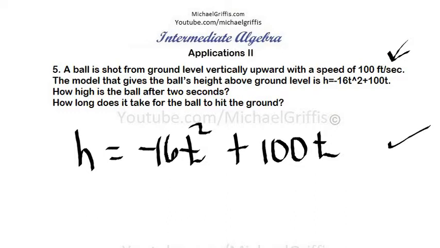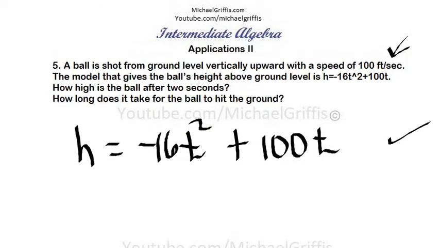Now, let's answer the first question. How high is the ball after 2 seconds? Now, you're probably saying this thing is being thrown upwards. Let's say here's ground level, and somewhere in the ground we got a cavity.